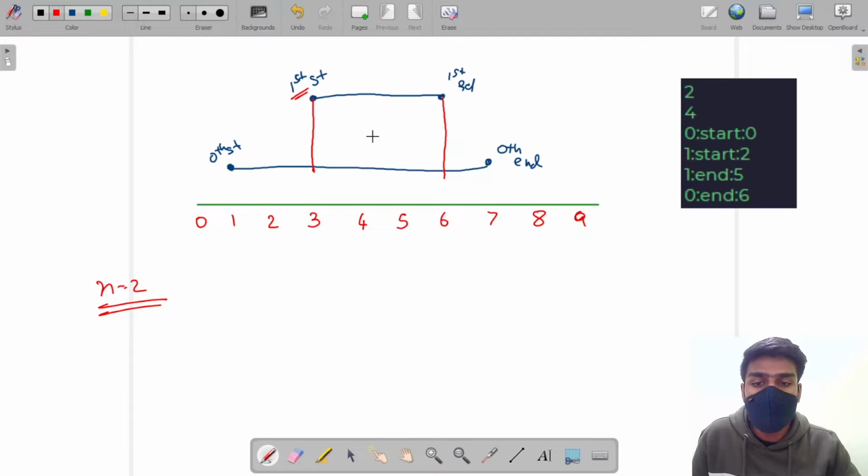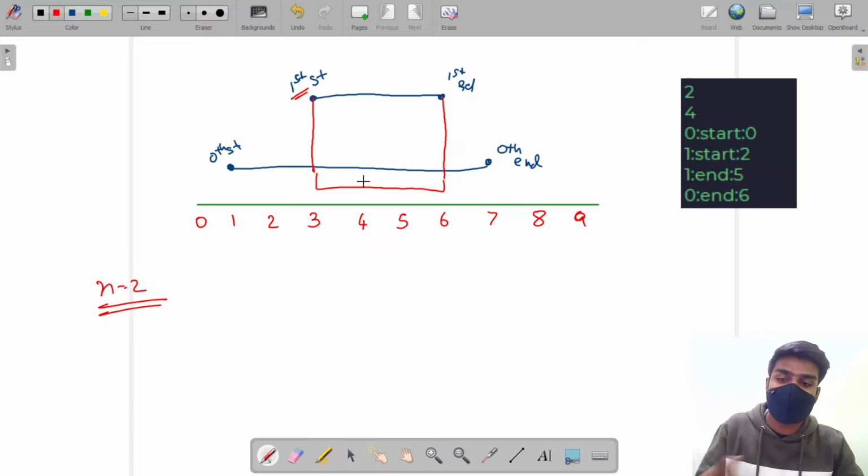This much time is used by another function inside the 0th function.